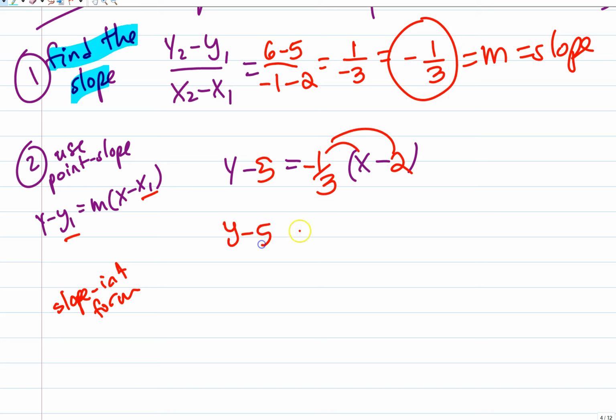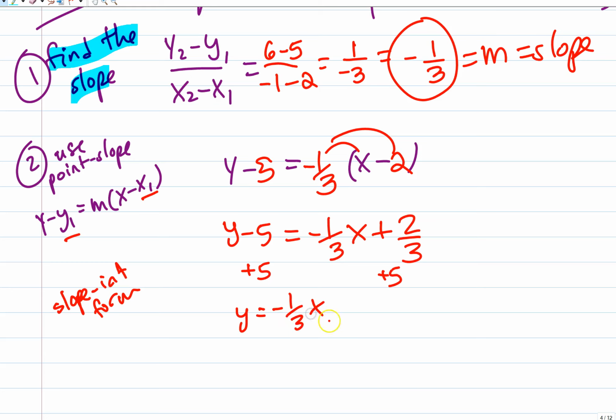Y minus 5 is equal to negative 1/3 x plus 2/3. And last, how do you get that y by itself? Y is equal to negative 1/3 x plus, how about 17/3?